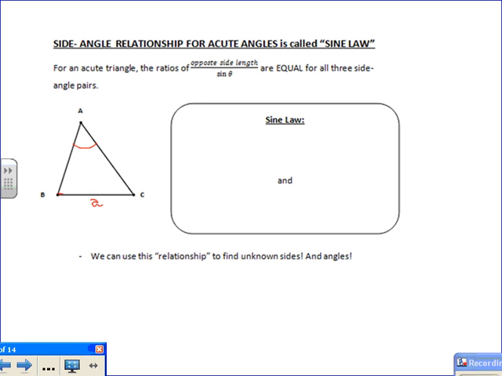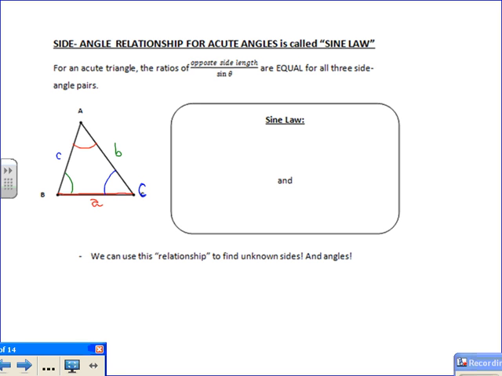So in our acute triangle, the side length that is opposite from an angle, we will label with the same letter but in lower case. So we'll use a capital letter for angles and a small letter to represent our side length. Across from angle B will be side length b, and across from angle capital C will be a little c. So this is a big C here, and a little c is the side length directly across from it.